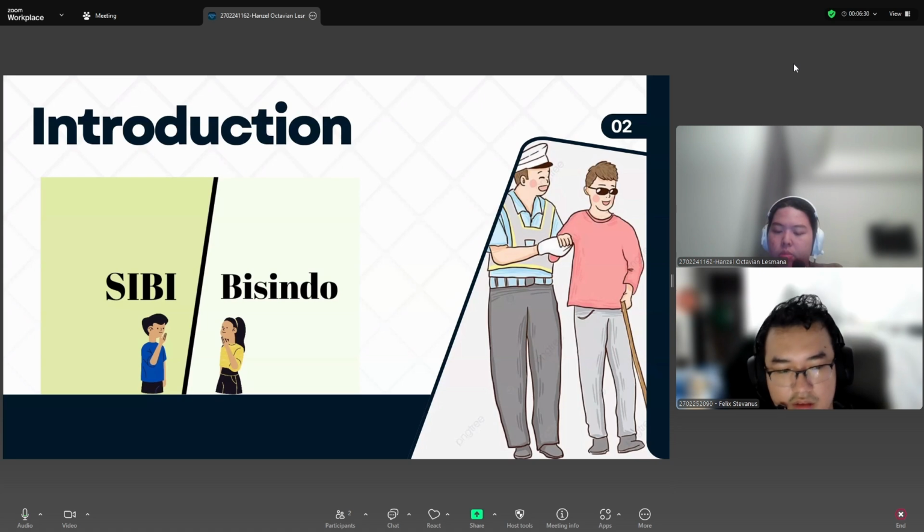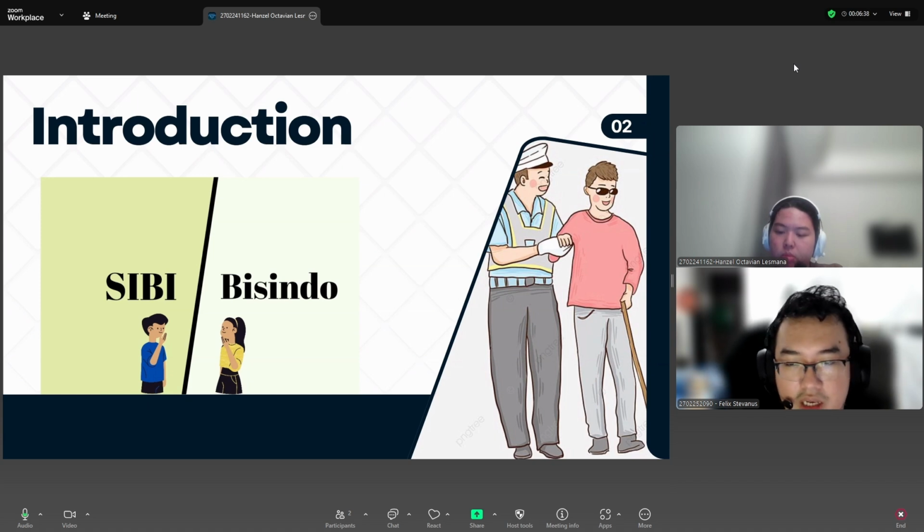Okay, introduction. Sign language is a language used by the hearing and speech impaired that mainly uses body language and lip movements. There are two main sign languages in Indonesia, which are SIBI and Bisindo. SIBI is a recognized formal sign language in Indonesia that was created to adapt sign language to Indonesian.